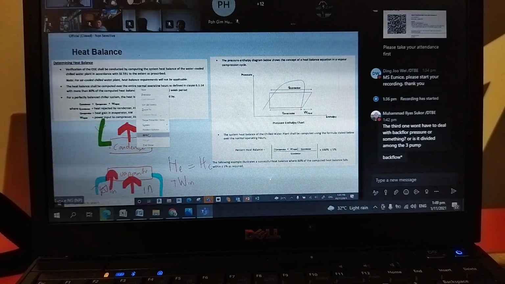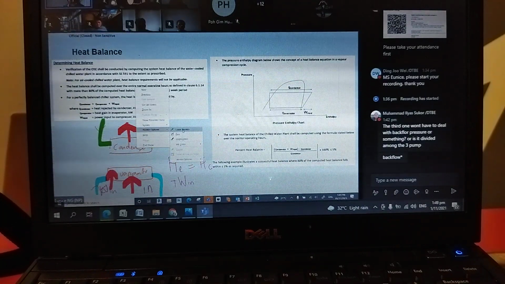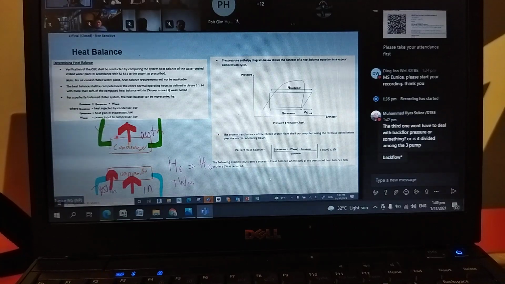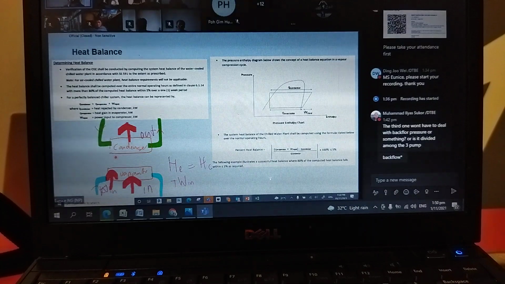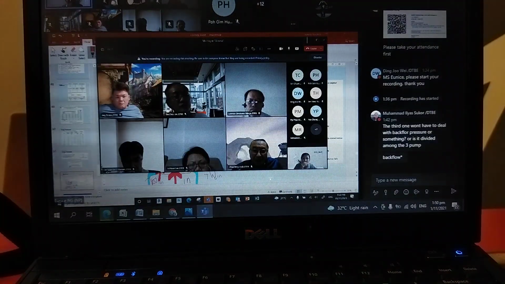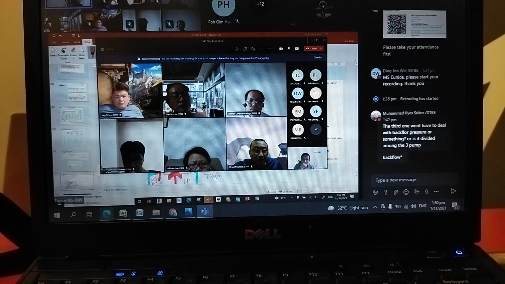The heat that is rejected to the cooling tower must be the heat taken from the building plus the heat produced by the compressor. Correct? Then we can say 100%. Whatever comes in minus whatever goes out, that is perfect. Correct?